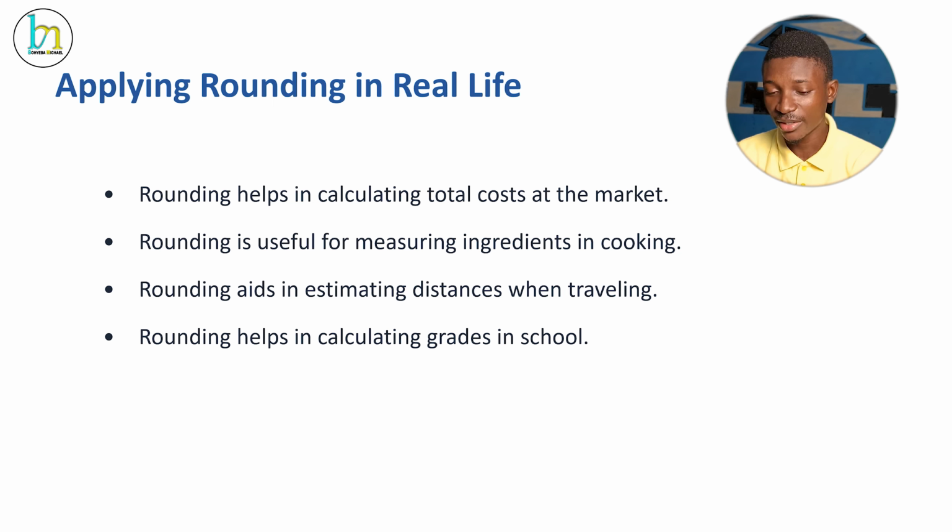Very good. Calculating grades, in universities and other places. Sometimes your average score, or let's say your GP, will be 4 point something. They must round it. And then sometimes in school, like in the DHS, we have 70-30, and then at the basic level we have 50-50. So 50% of your exam score and 50% of your class score.